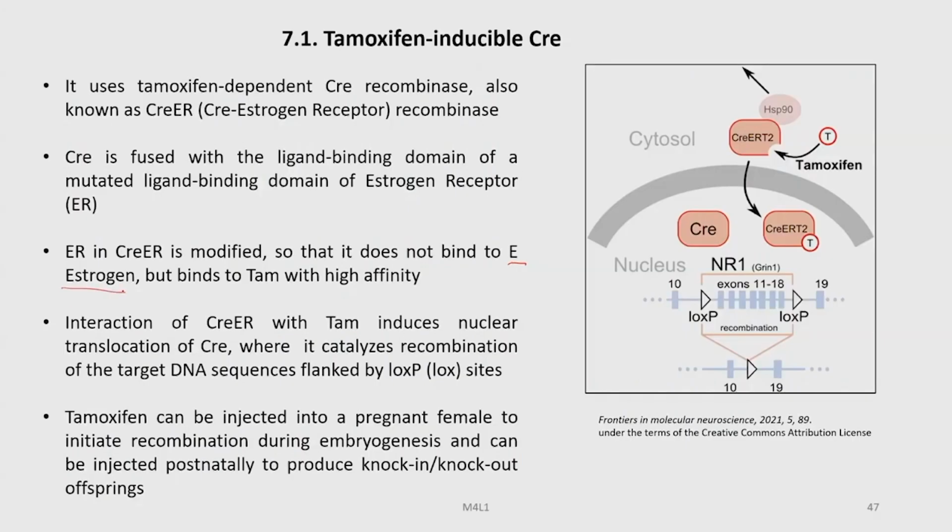The ER in Cre-ER is modified so that it does not bind to estrogen, but it will bind to tamoxifen with high affinity. Interaction of the Cre-ER with tamoxifen induces nuclear translocation of the Cre, where it catalyzes recombination of the target DNA sequences flanked by LOXP sites.